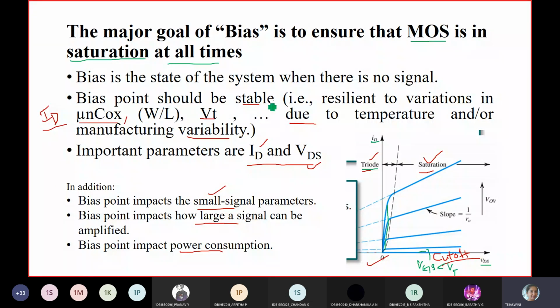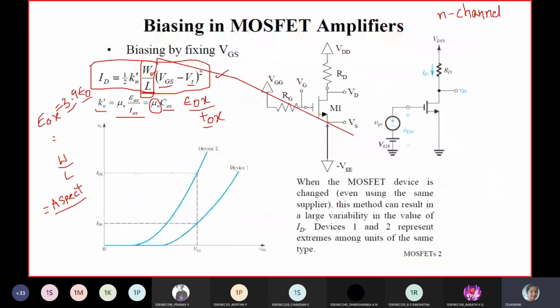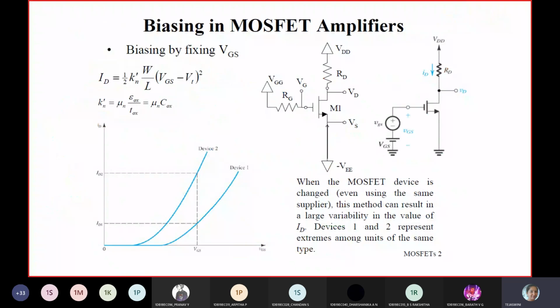Okay. So here the bias is a state of the system when there is no signal. The bias point or operating point or quiescent point should be stable. Stable in the sense that it is made insensitive to variations. So here you have to remember an expression. They have not given the derivation of ID.